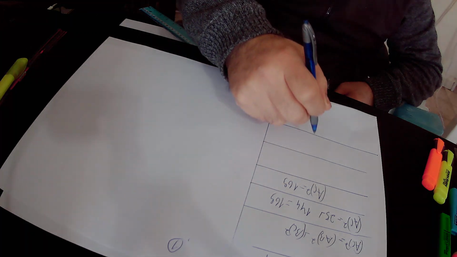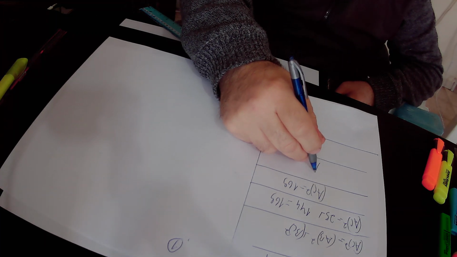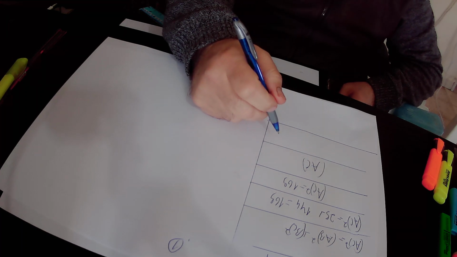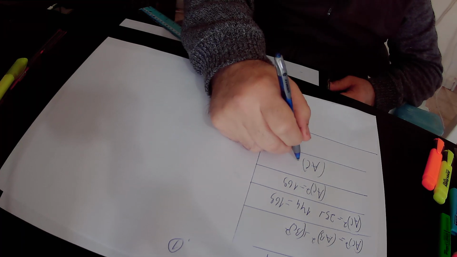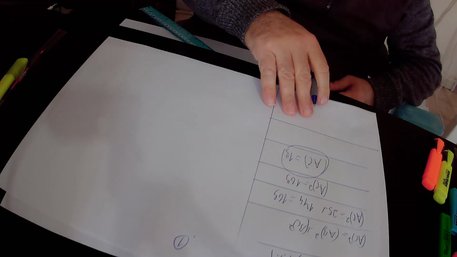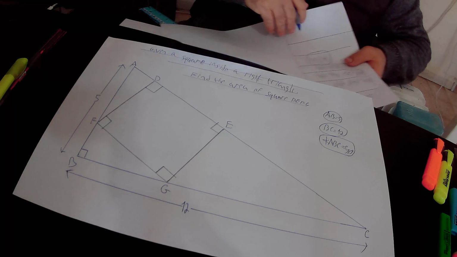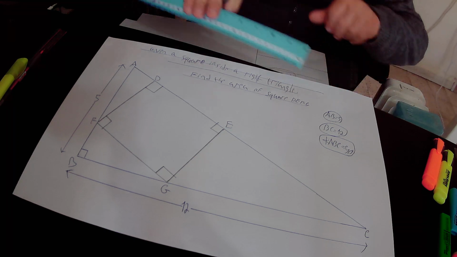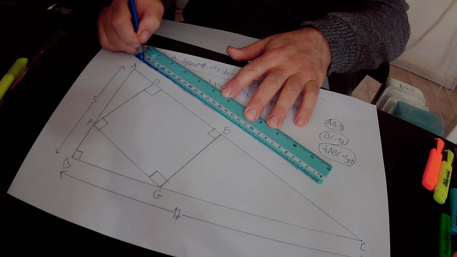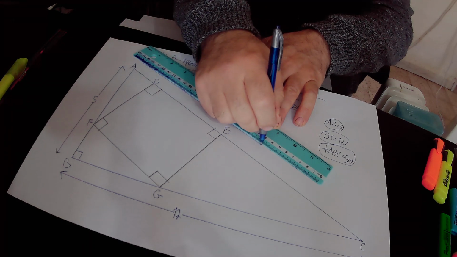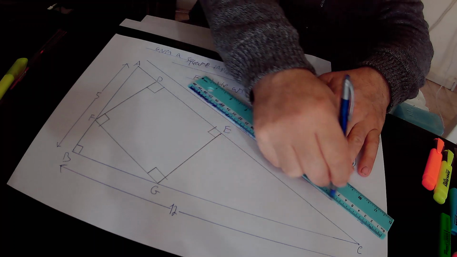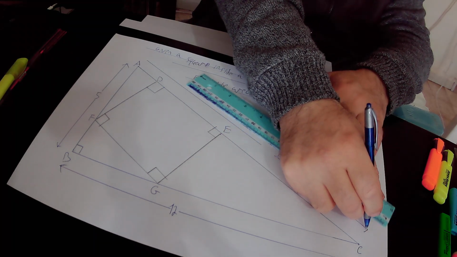Here we take a root of this equation, and you get that AC equals the square root of 169, that is 13. So the length of the hypotenuse AC is 13 units. So I write it down: AC equals 13 units in length.